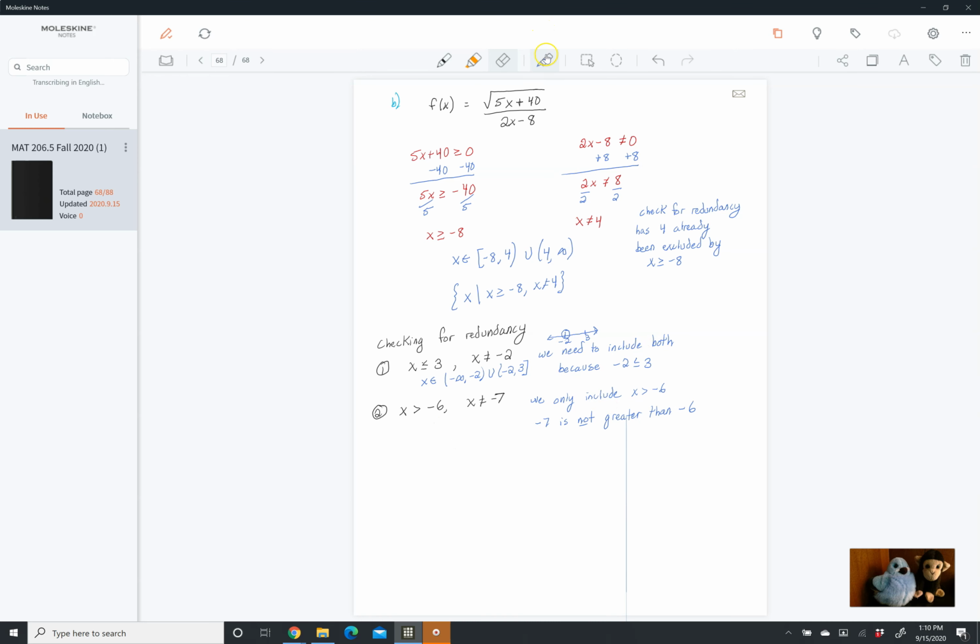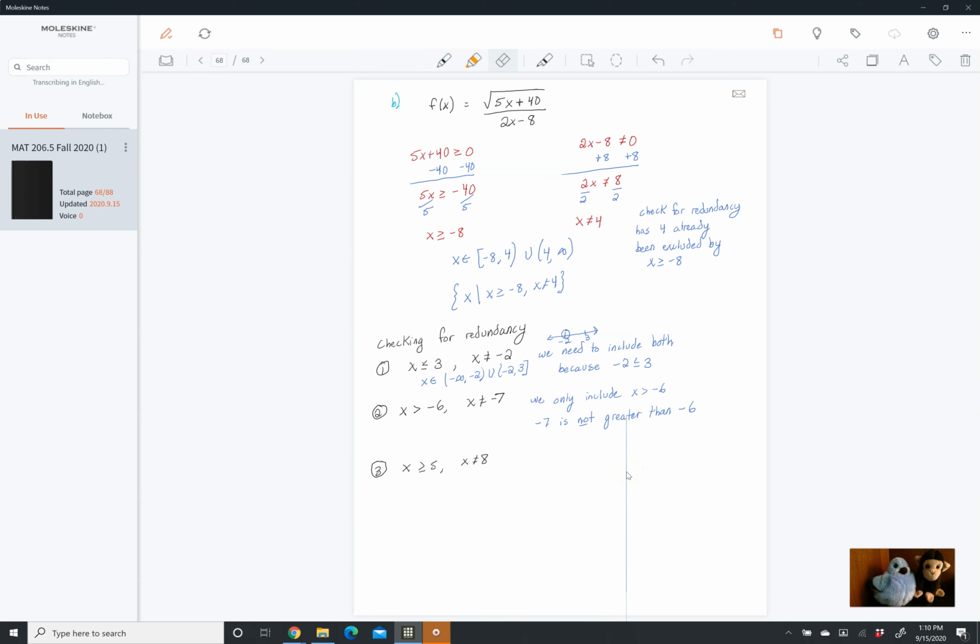Let's do one more. Let's do x is greater than or equal to 5, and x is not equal to 8. So again, we're asking about redundancy.